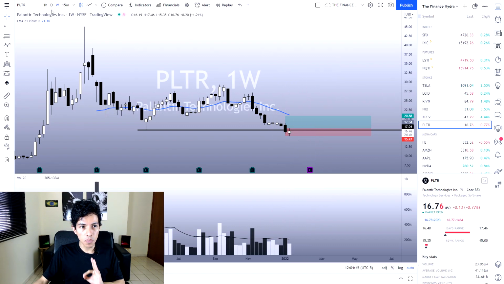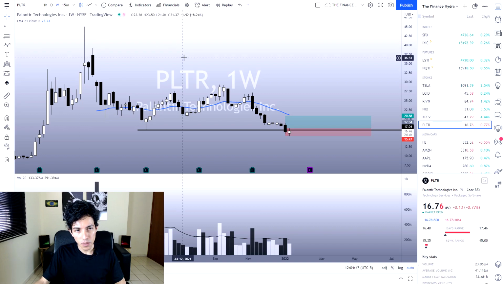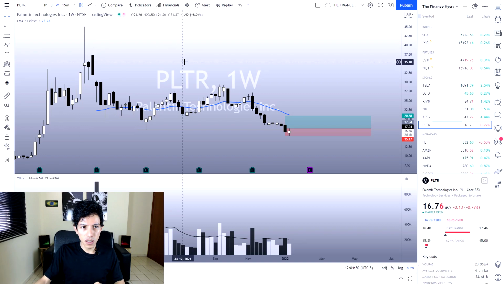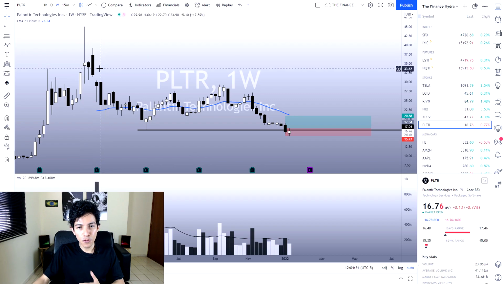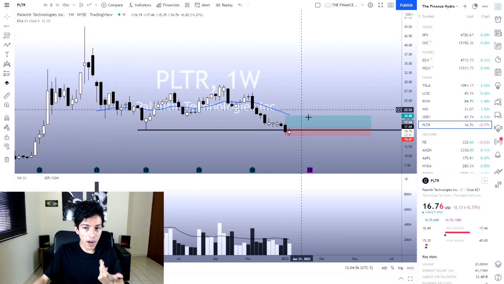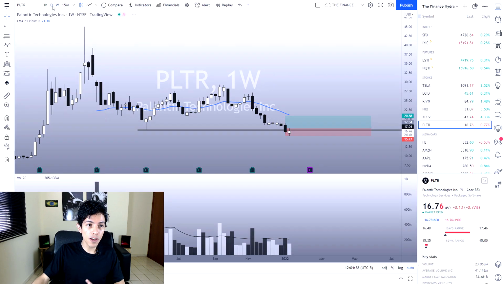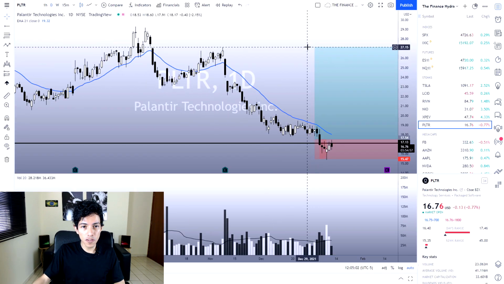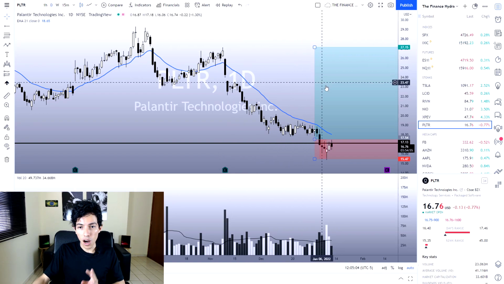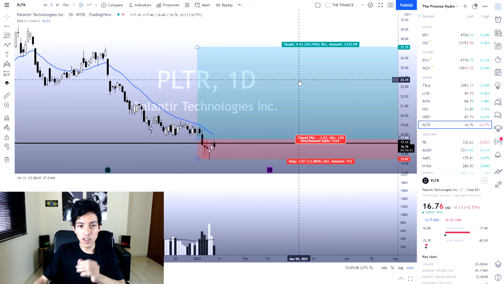If it triggers the bullish structure in the 1 hour chart, I think we're going to see a very nice bullish momentum next. And even if you're aiming at the $20, the risk-reward ratio is in your favor. If you're aiming at the previous resistance, if you believe Palantir is going to fill this gap over here, the risk-reward ratio is even better.